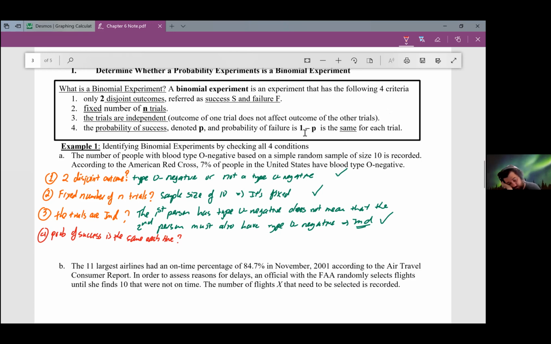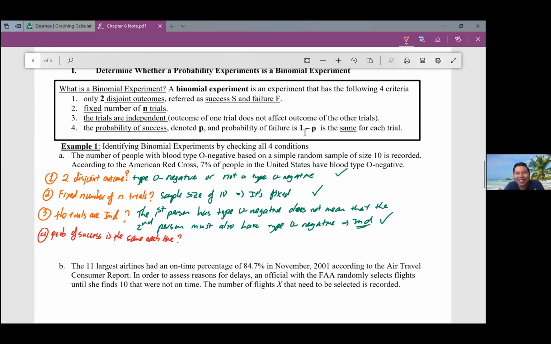Yes, right? Because if we are randomly selected, I have a 7% chance of getting type O negative. How about you, Matthew? What percent chance do you have of type O negative? 100%. Picking the wrong person.